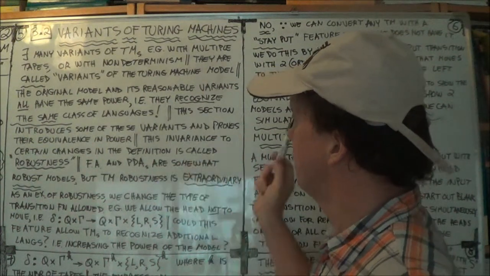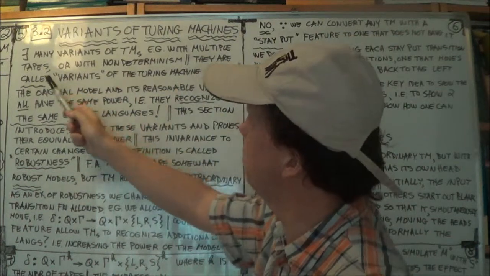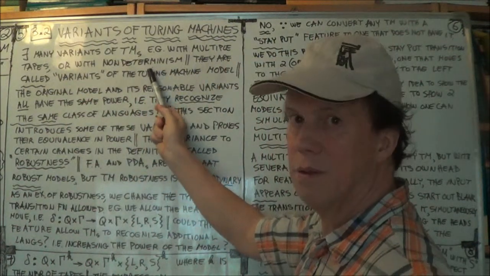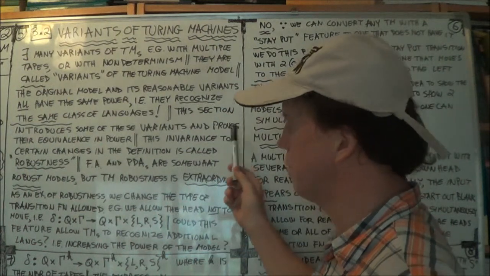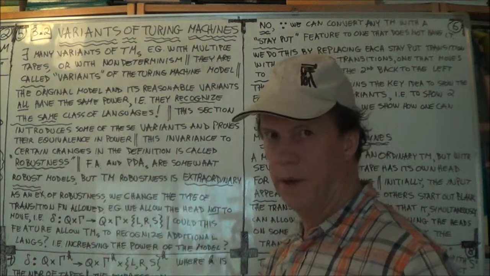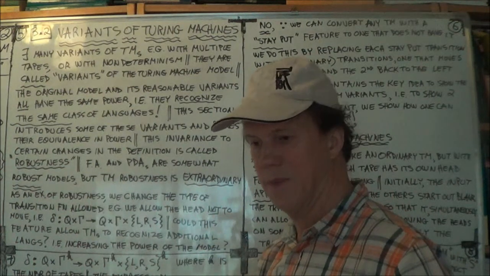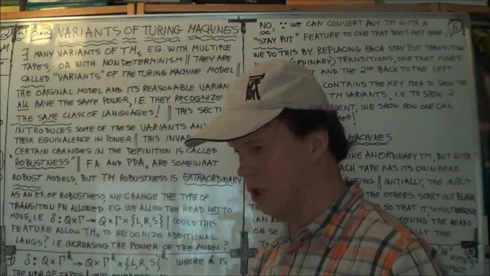So we're going to introduce these 2 variants at least, multi-tape and non-deterministic Turing machines, and we will prove theorems that they are equivalent in their power. In other words, they recognize the same languages. So 2 machines are equivalent.